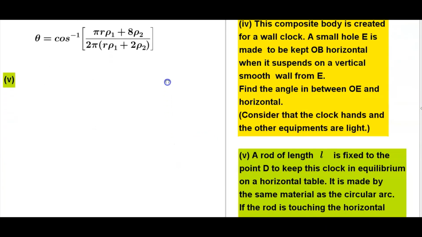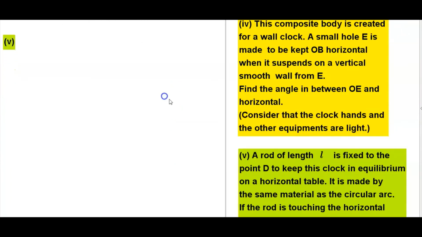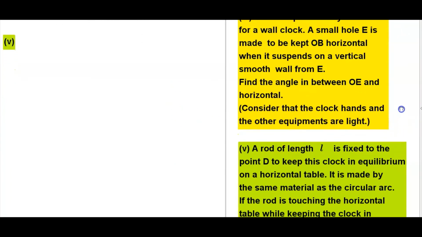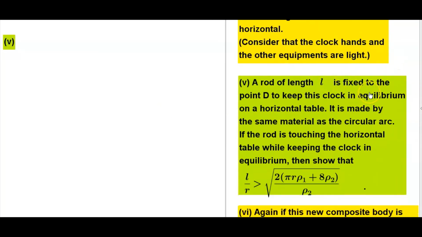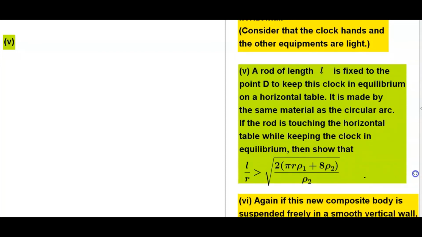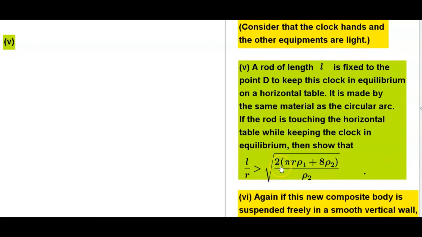Okay, now we come to the next part, part 5. A rod of length L is fixed to the point D to keep this clock in equilibrium on a horizontal table. It is made by the same material as the circular disc, and we want to prove this equilibrium.